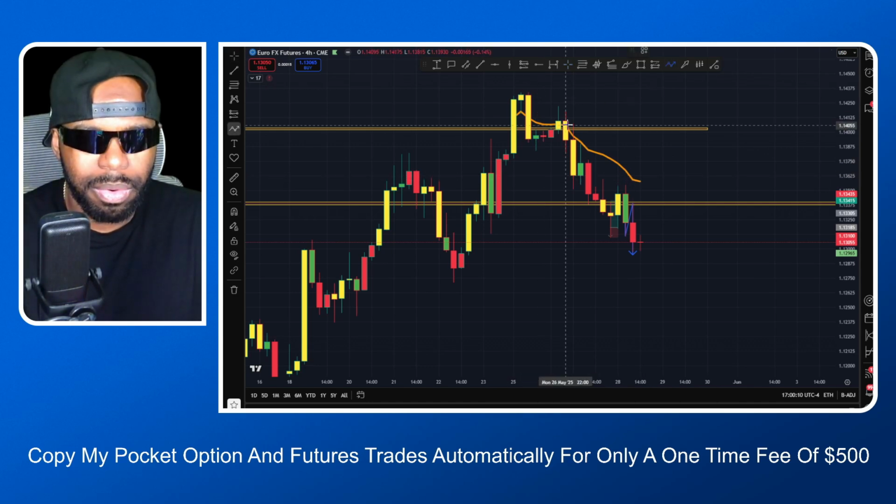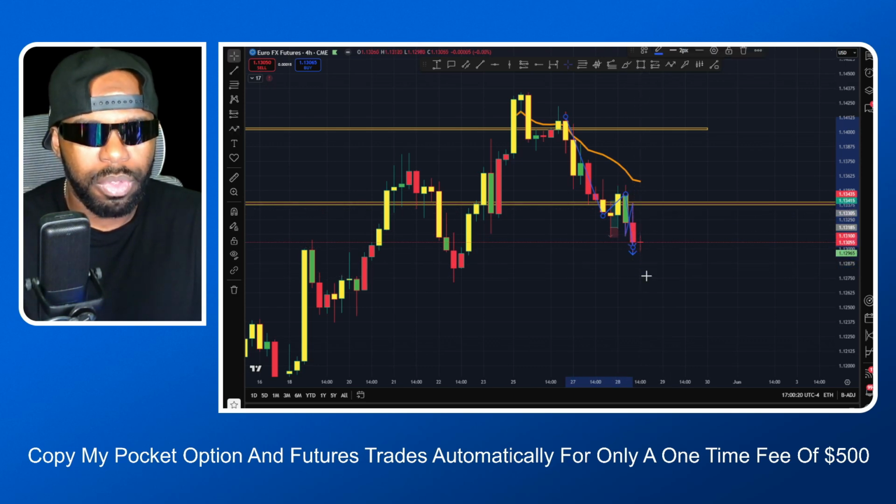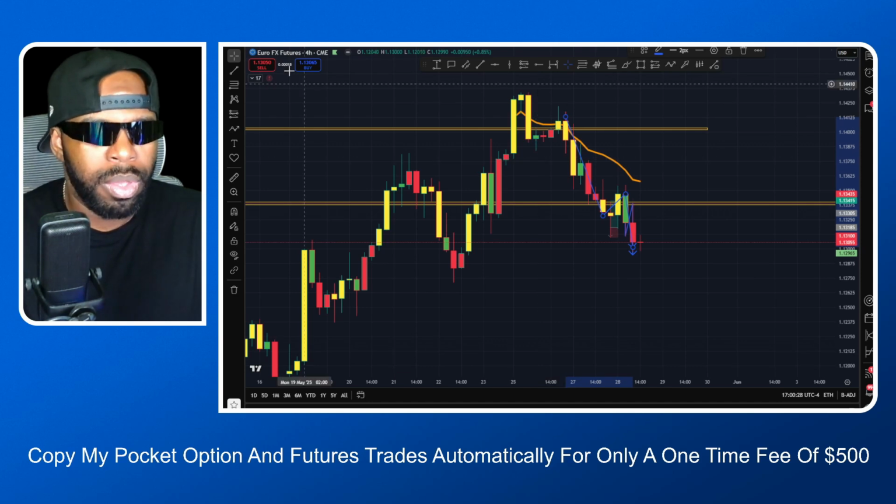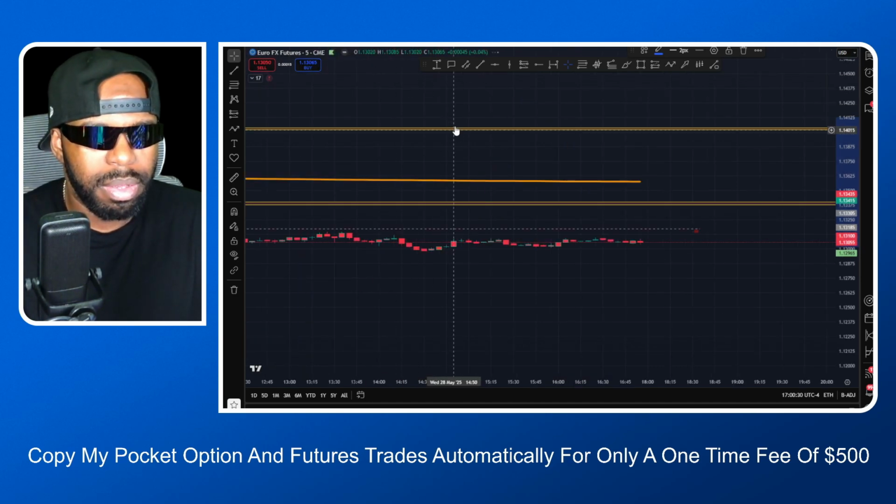As you can see here, we're creating lower low, lower high, lower low, and then this came back up there. You could have got in right there. If you know that price is creating lower lows and lower highs on the 4 hour, that gives you extra confirmation that whenever price came here, right?